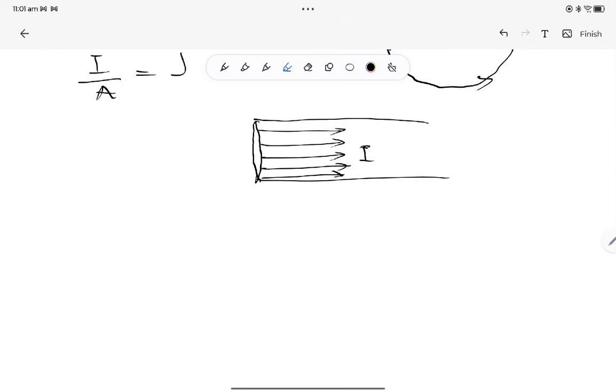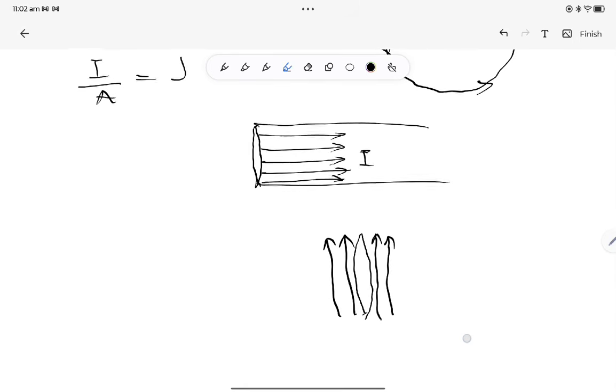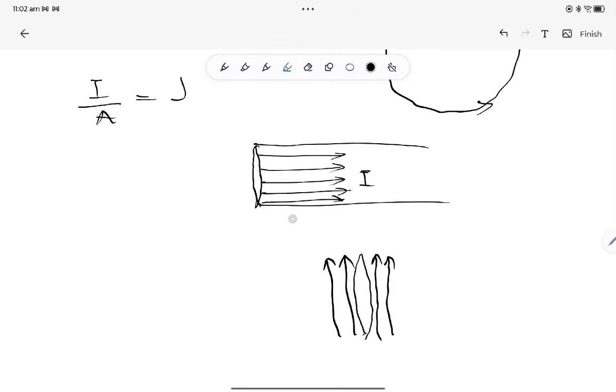What does that mean? Suppose we had a current that goes parallel to the area of cross section. It runs parallel to the area of cross section. We say there is no current density through this. There is no current through this. Of course, that's true. So only that component of current density contributes which is perpendicular to the surface.